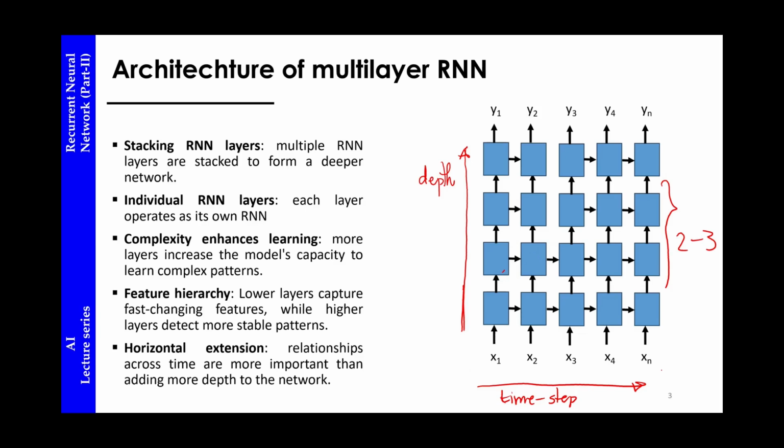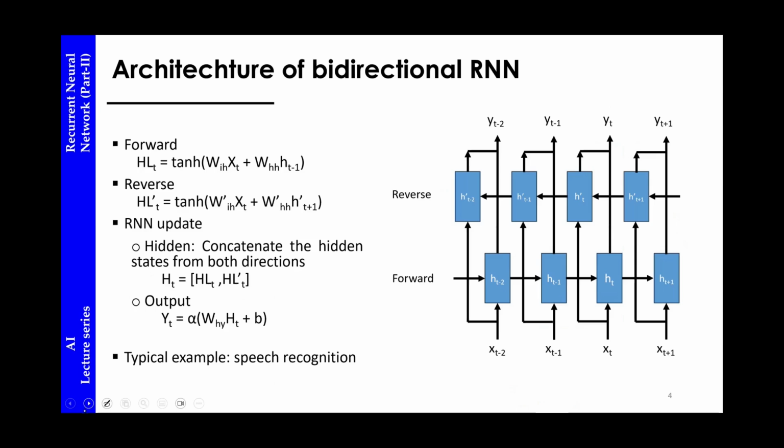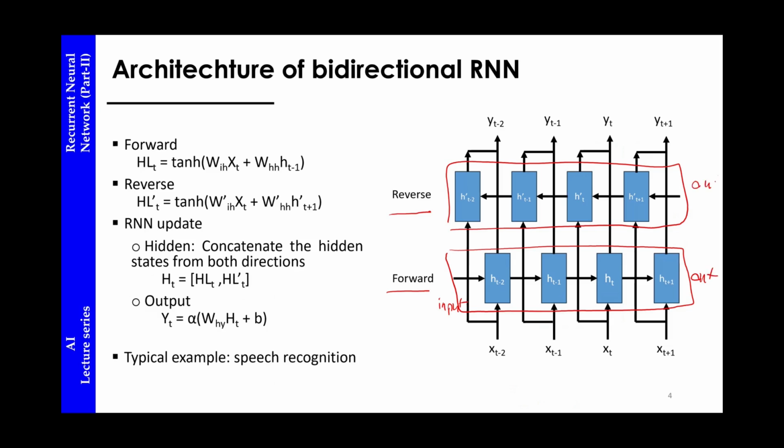The next, more complex architecture is the bidirectional recurrent neural network. The interesting thing about bidirectional is that we couple two recurrent neural networks, one forward and one reverse. Here we are moving from input to output, and in the reverse form we move from output to input.